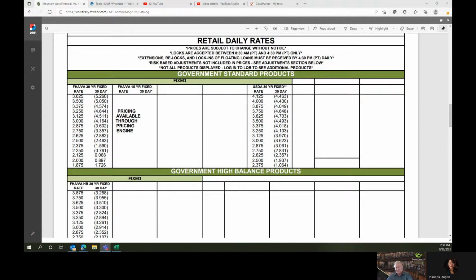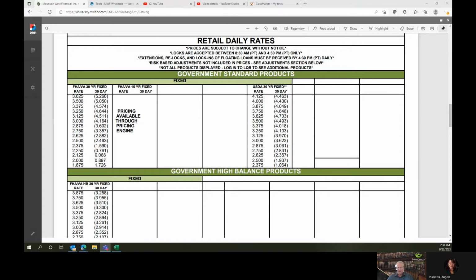Once you have your total adjustments, then you go to your pricing grid and price your loan according to what the question is asking you to answer, or according to what your client is looking for as far as the rate they're requesting or the amount of points they're willing to pay or not pay. Okay. Hopefully as we go along, that makes more sense.